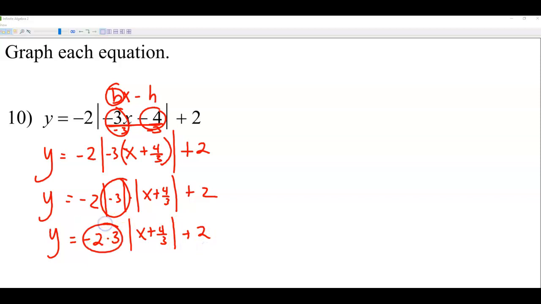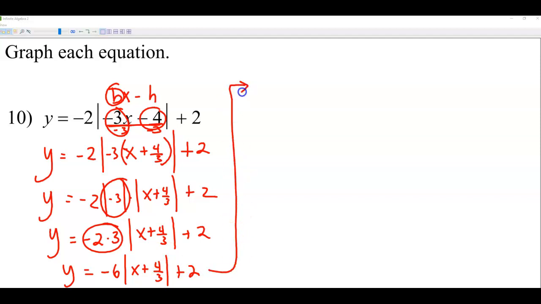And then we're going to multiply those together to get -6. Once you've done all that, the problem is like what we learned last time on the last problem we just completed. We're going to take this number and its opposite sign, and that gives us the x part of our vertex. We're going to take this number, and that's going to give us the y part of our vertex.